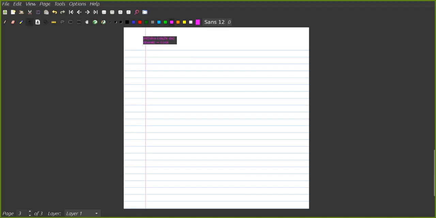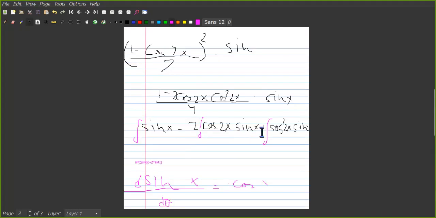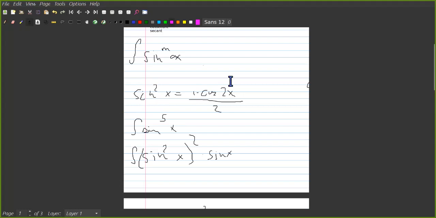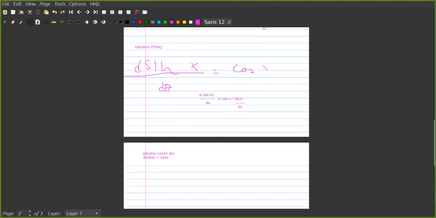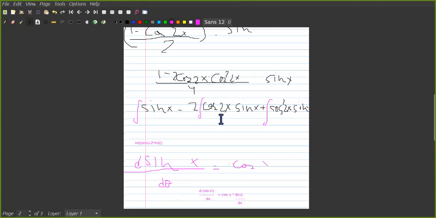So it's sine x and sine of 2x. We had a 2 over here, and we divided by 2, so this 2 cancels out.